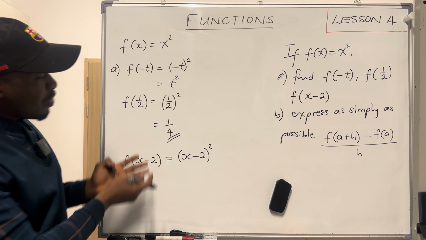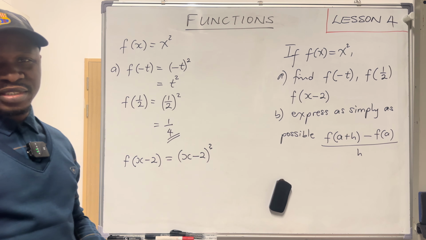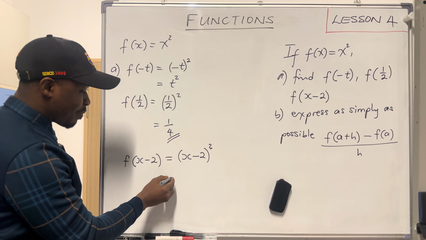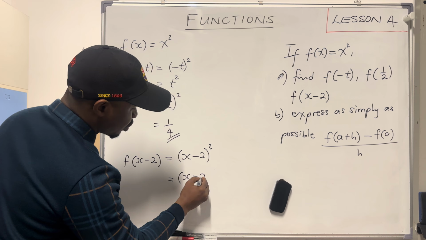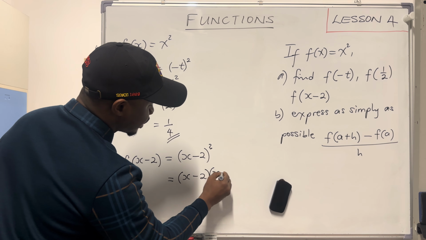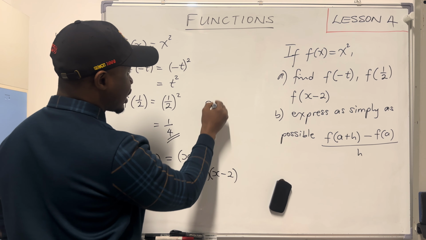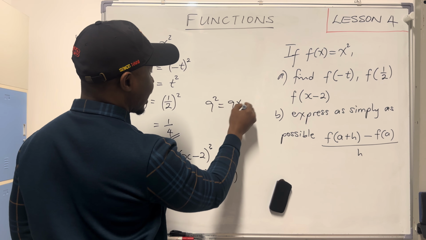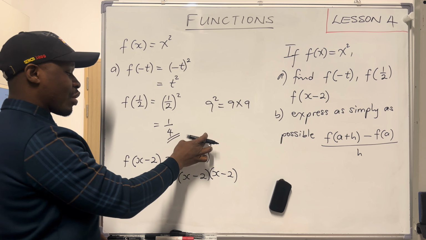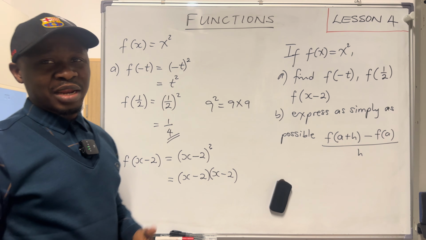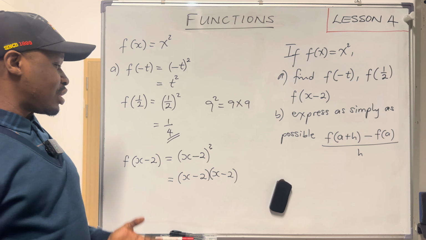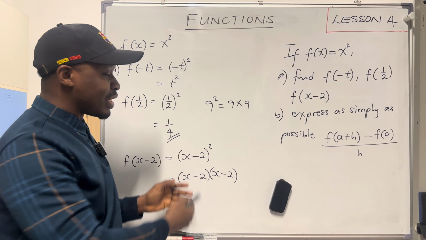Even if you leave it this way, of course, it is correct, or you further expand, no problem. So if we further expand, we say x minus 2, then x minus 2. Remember, if you say 9 squared, we say 9 times 9. So a bracket squared is a bracket times a bracket. Only that when we are multiplying brackets, we don't necessarily need to write the multiplication sign between them.